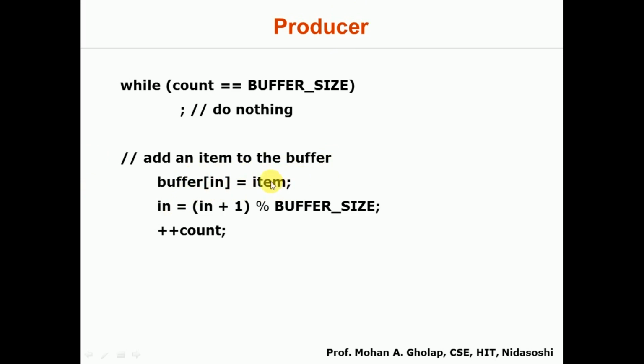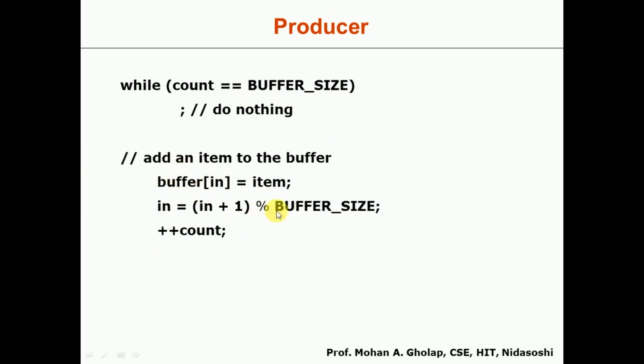Once you occupy this memory block pointed to by in, you should point to the next free memory block. For that we increment the value of the in pointer by 1: in equals in plus 1 mod buffer size. Why mod buffer size? Because the value of in should not exceed the buffer size, and we will be using a circular array for this buffer.